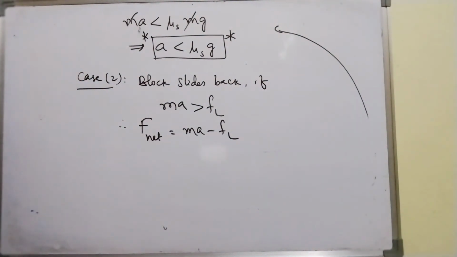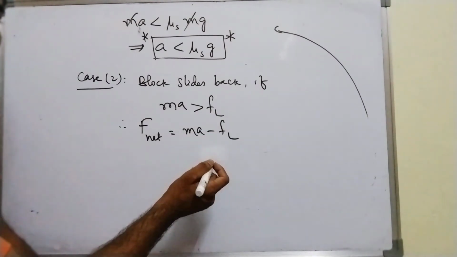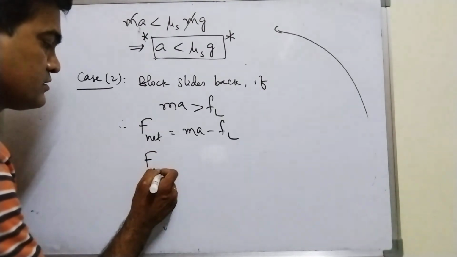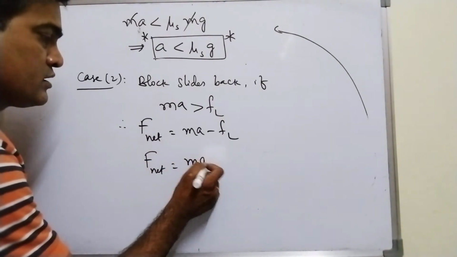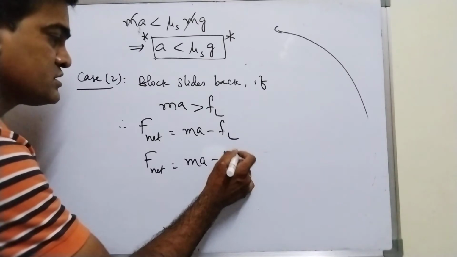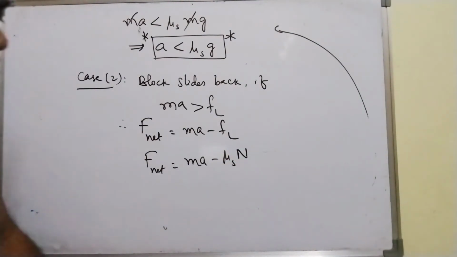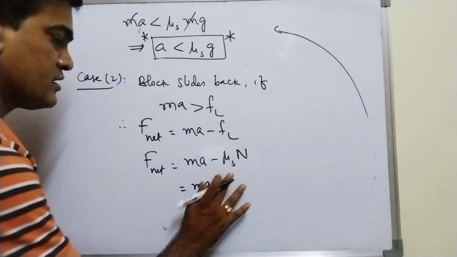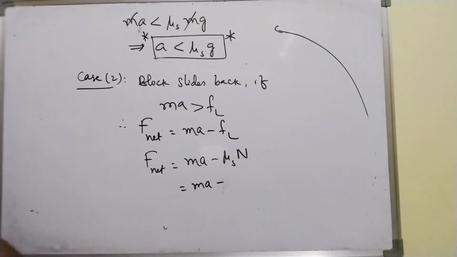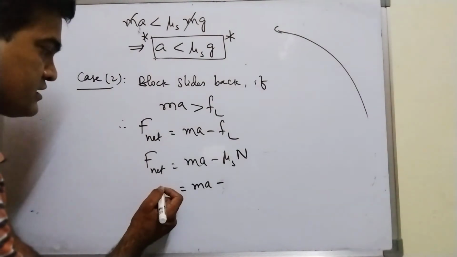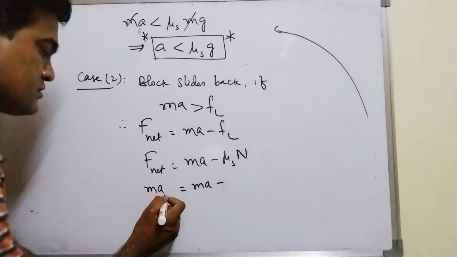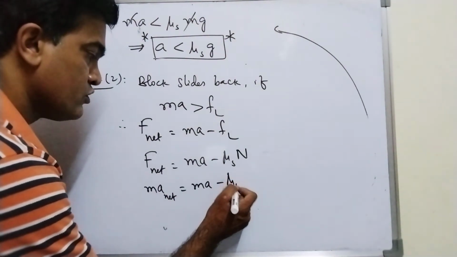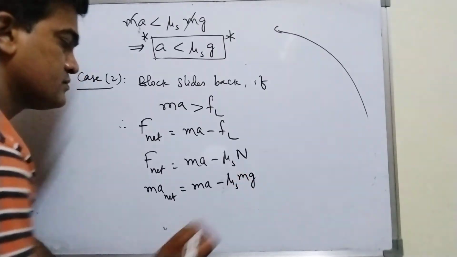But FL, as you know very well, is nothing but mu s into mg, is it not? So F net is equal to ma minus mu s into N, but N is balanced by mg. Let me write this as m a net, the net acceleration: ma minus mu s into N, and N is balanced by mg.